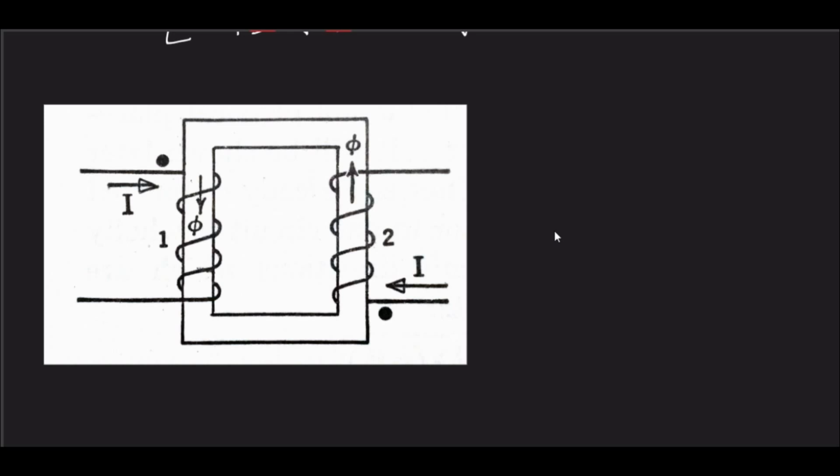Now you have to select that terminal through which, if you inject current, it will assist or support or boost up the MMF set up by your primary winding. Whatever MMF was set up by your primary winding, it should give a boost to that existing MMF, and that is how we find out the dot.